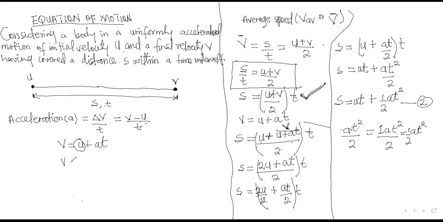Yes, you bring it to the other side. And because it's positive, it will be negative, isn't it? Yes, please. So it will have v minus u is equal to at. Then how would you make t the subject, Janelle? Divide by a. Yes, you divide through by a.